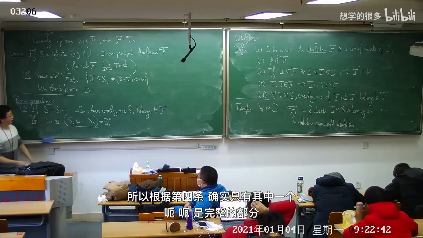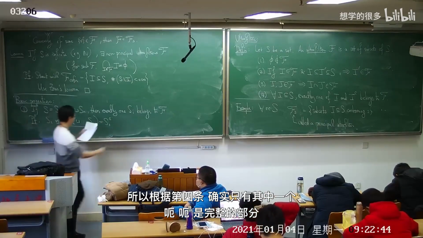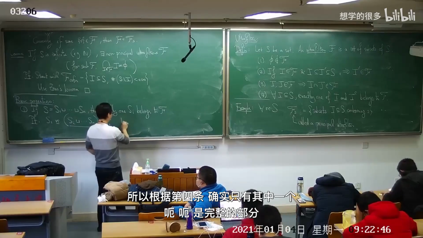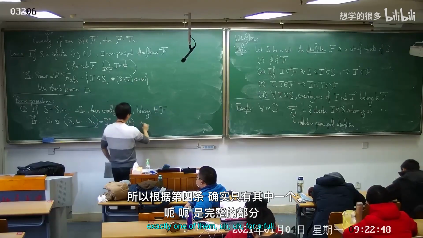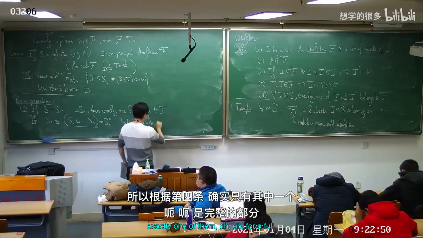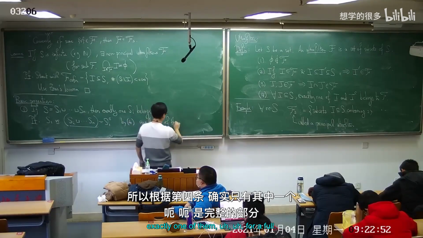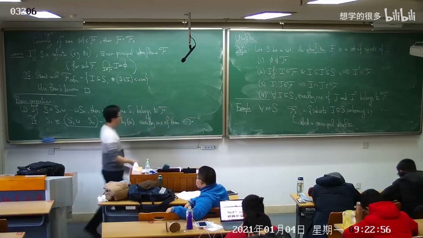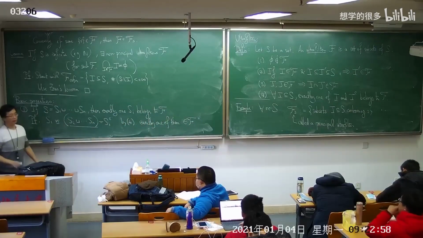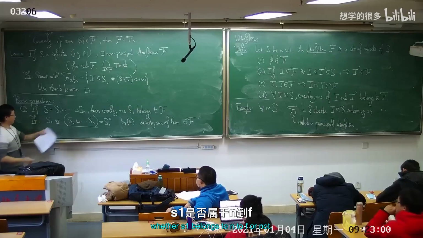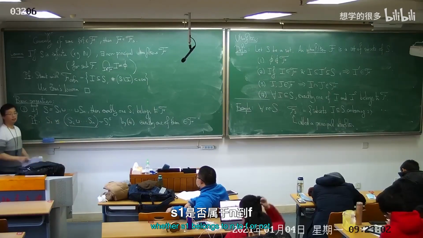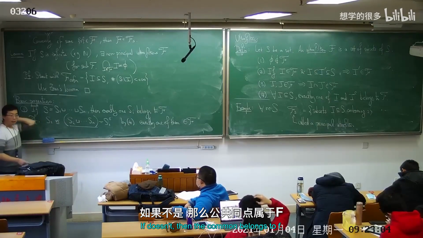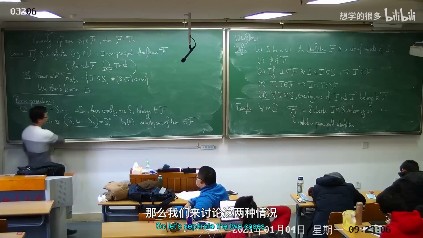So by 4, exactly one of them belongs to F. I first ask whether S1 belongs to F or not. If it doesn't, then the complement belongs to F. So let's separate the two cases.